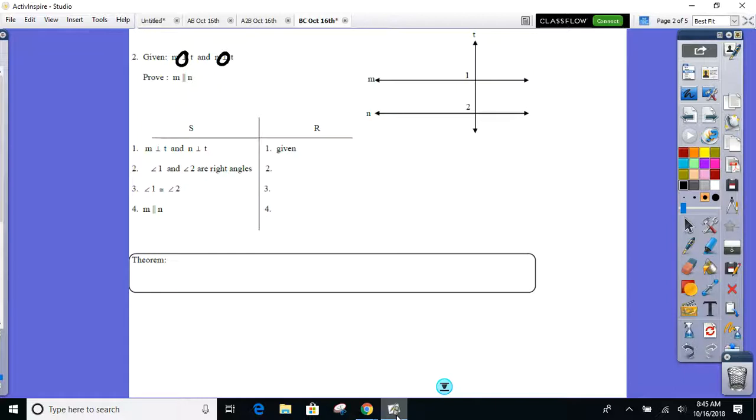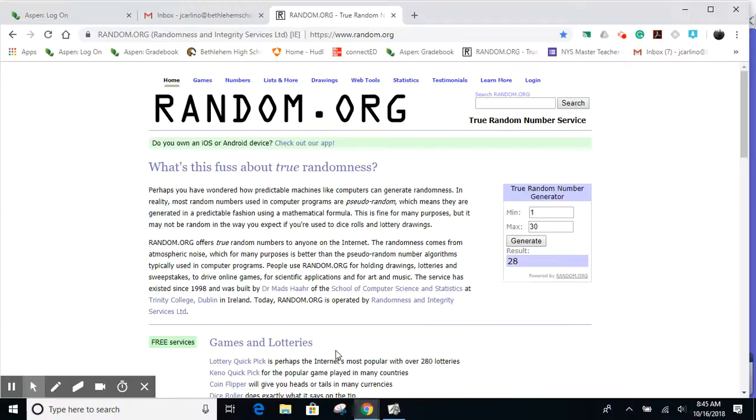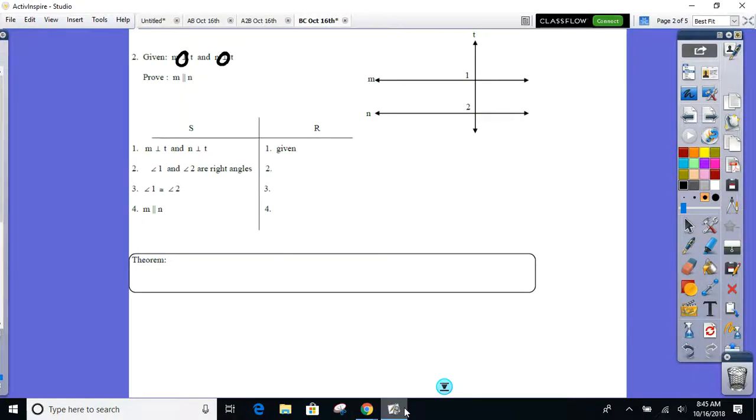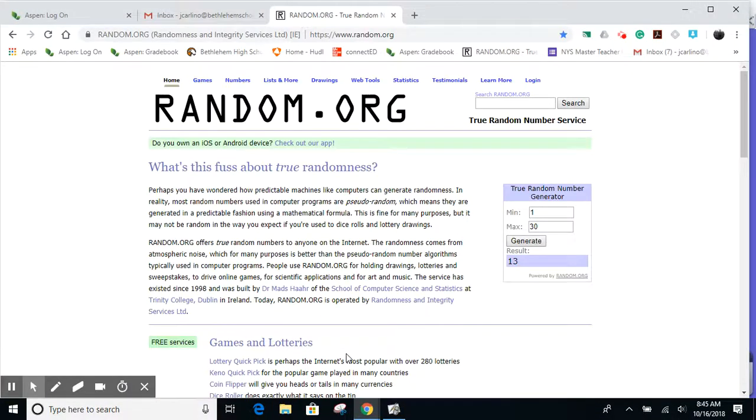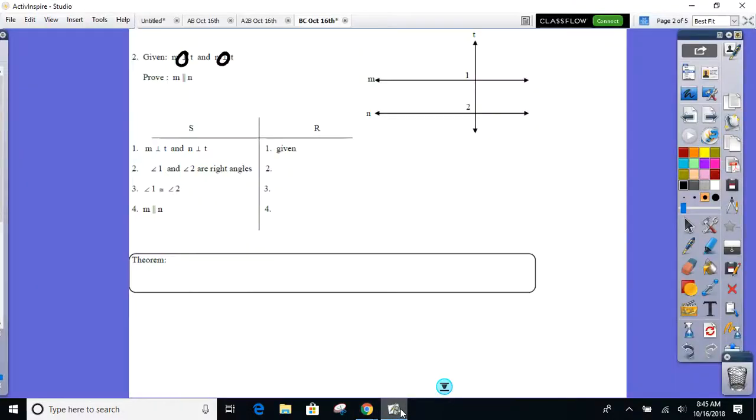So statement 2, I'm saying angles 1 and 2 are right angles. How do I know that? Perpendicular lines form right angles. And why don't we put a right angle mark at angle 1 and angle 2?